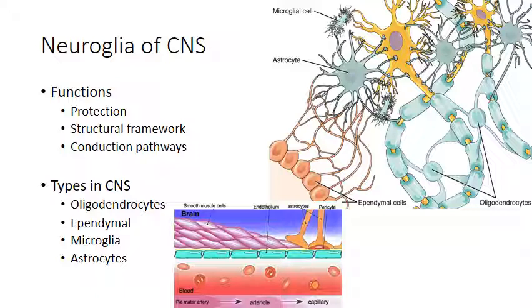The term glia actually means glue. And these particular types of cells are often used for actually physically binding neurons together, as well as providing an overall structural framework. So they are sort of the glue of the nervous system, make sure everything functions properly.